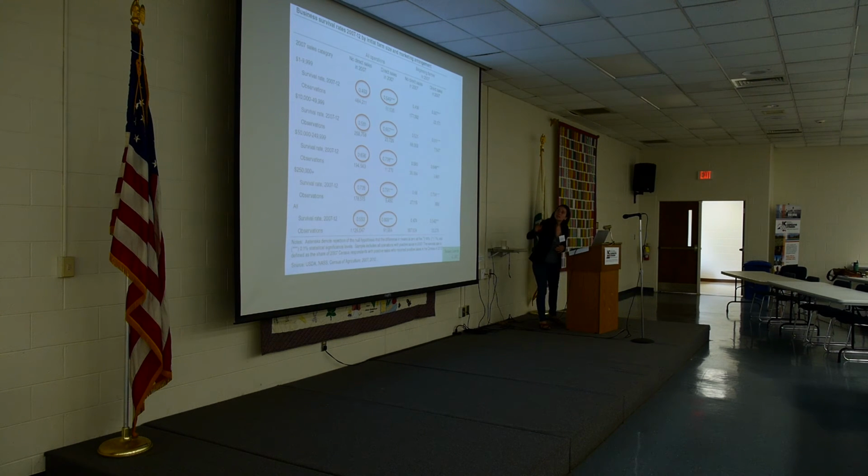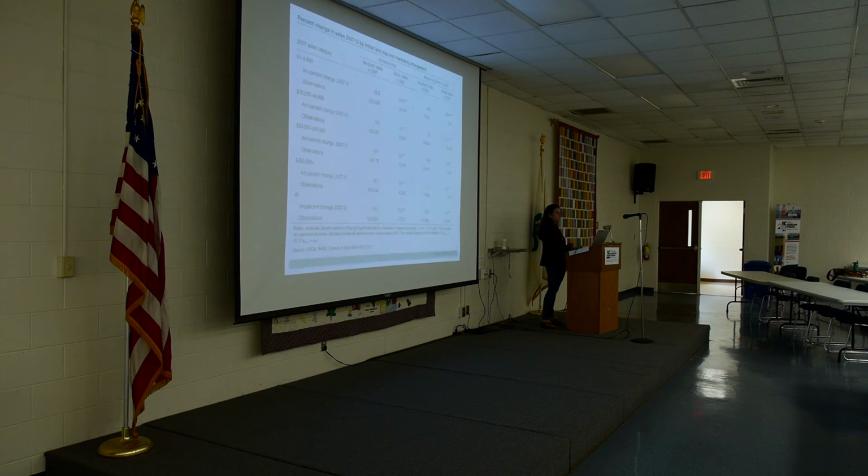You can see that on the left is no direct sales and on the right is direct sales. So that's a positive sign, but this is again just business survivability, because we have mixed results if we now look at percent change in sales. It doesn't say profitability, this is just total sales. And we can see that there are significantly different relationships between those farms that don't have direct sales and those that do.